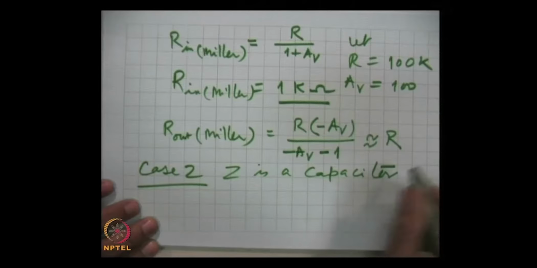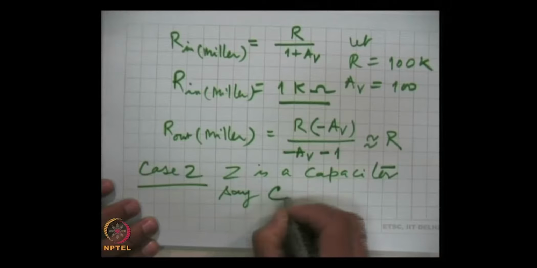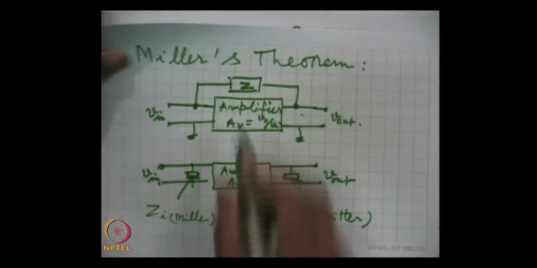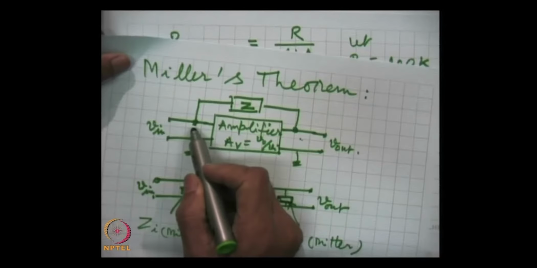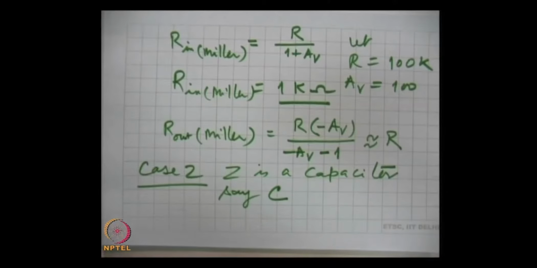Let that capacitance be, say, a capacitance C. If in this configuration a capacitor is connected, then what will be the effective value of capacitance at the input and at output that we will see.